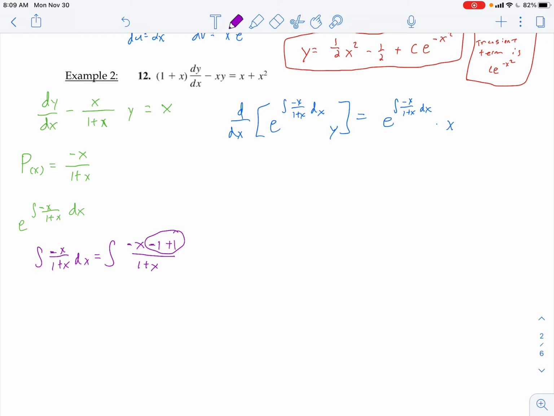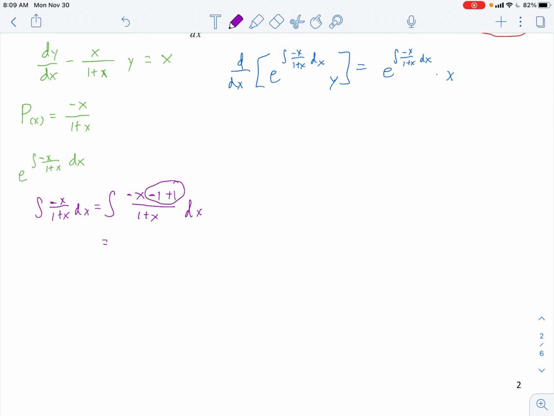Because I'm adding that to the numerator, I'm adding 0. Negative 1 plus 1 is 0. Now I can rewrite that as the integral of negative x minus 1 over 1 plus x, plus 1 over 1 plus x.